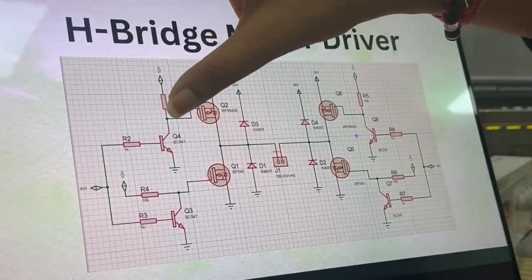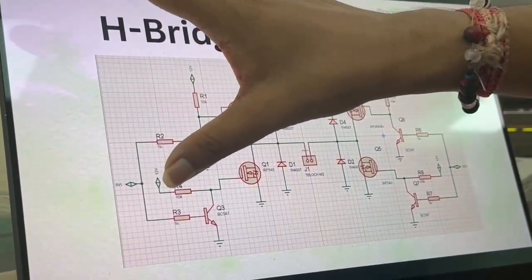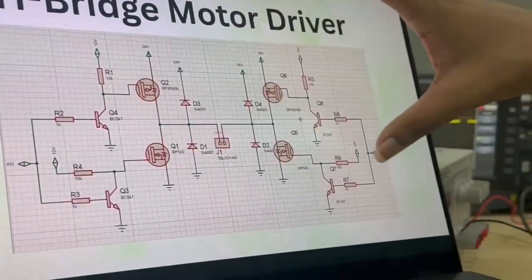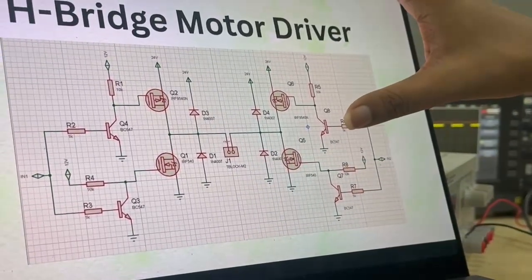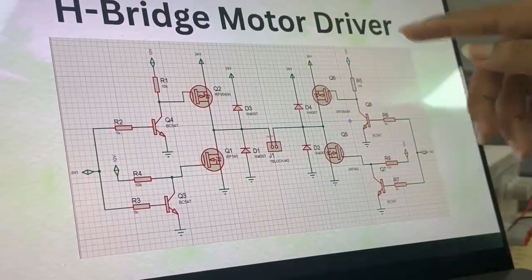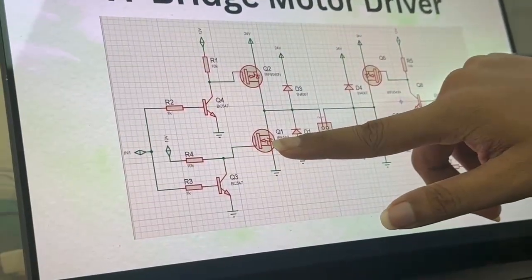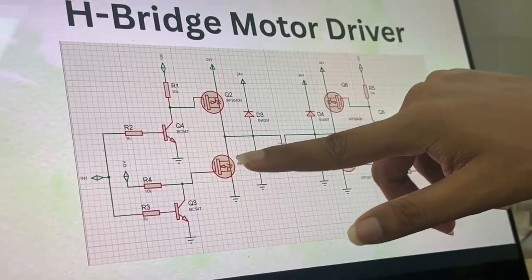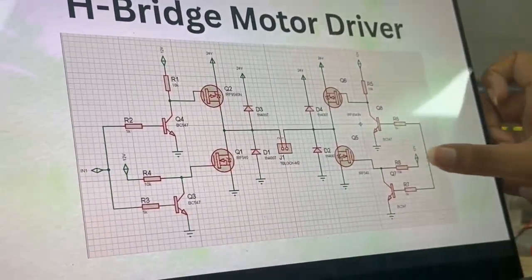So when the input was high through this and low through this, the PMOS was switched on and the NMOS was switched on over here, since it was high over here and low over here.